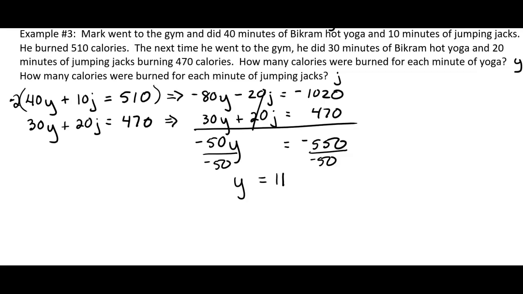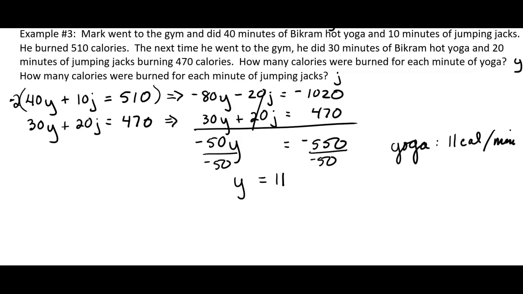So yoga would be 11 calories per minute. Okay, and you can make a nicer sentence, but that's what's going on there. So it's really important that you understand what the labeling is, what your answer means. But we're saying, okay, for every minute of yoga, he's burning 11 calories.